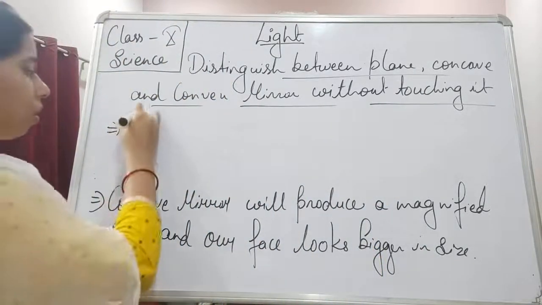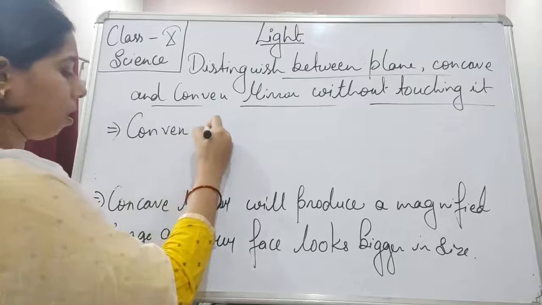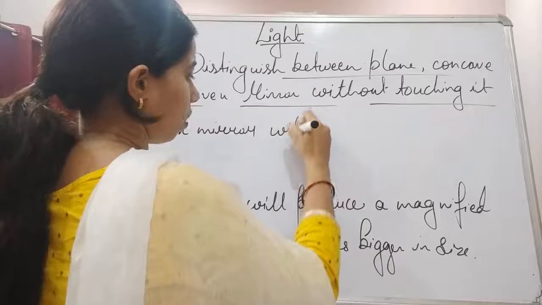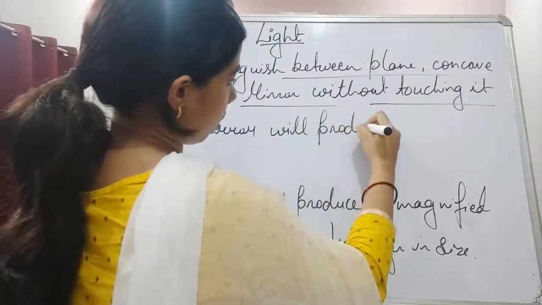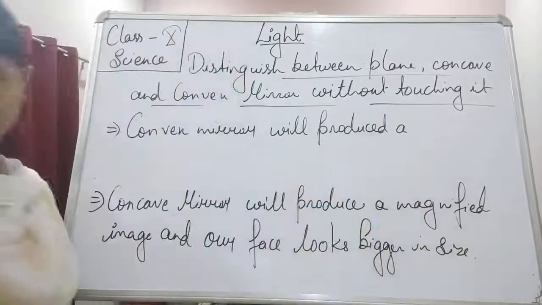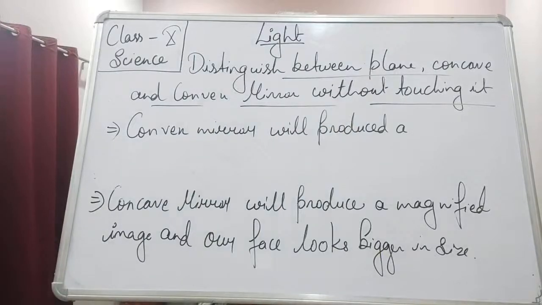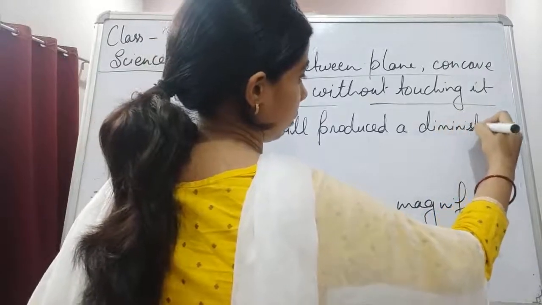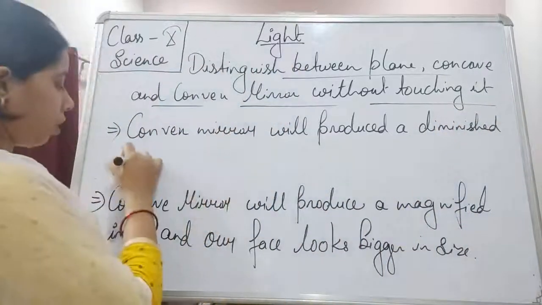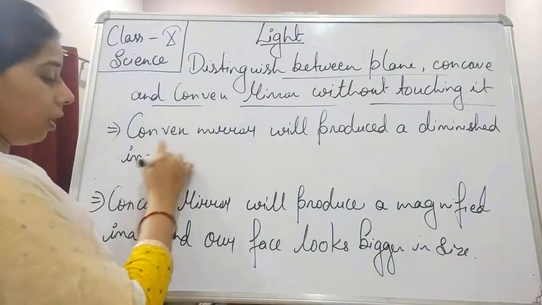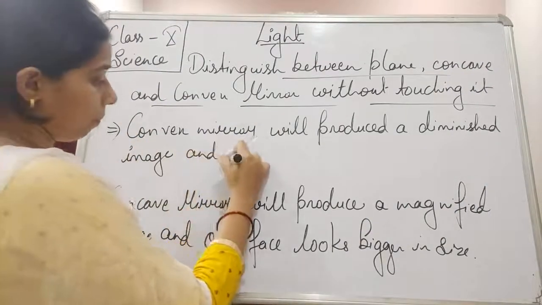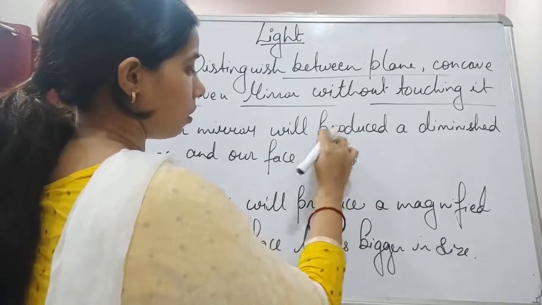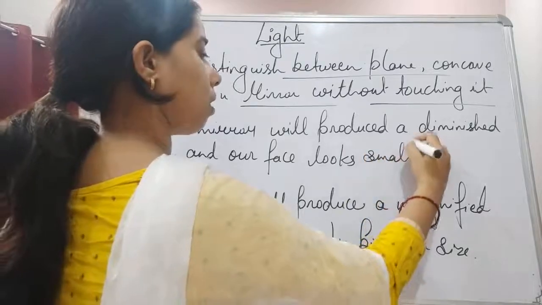A convex mirror will produce a diminished image, and our face looks smaller in size.